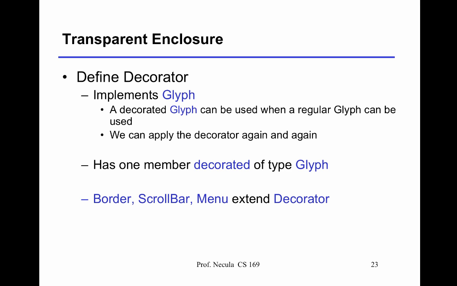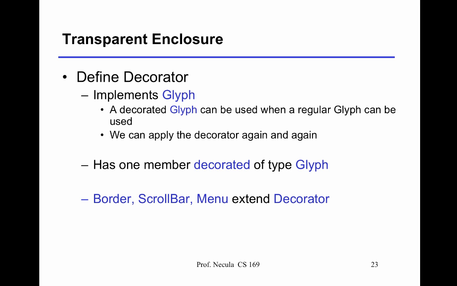We're going to define a notion of a decorator, which is a special kind of glyph. So a decorator applies a decoration on top of a glyph. And because it works on glyphs, you can decorate a line, a column, or a raised line.